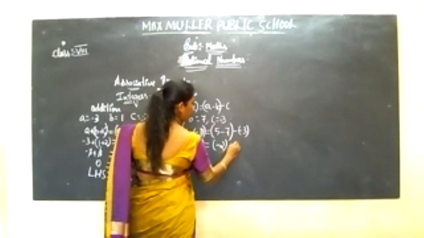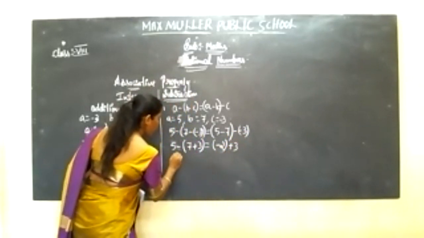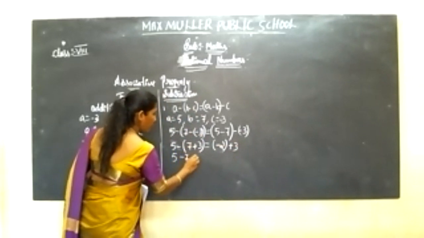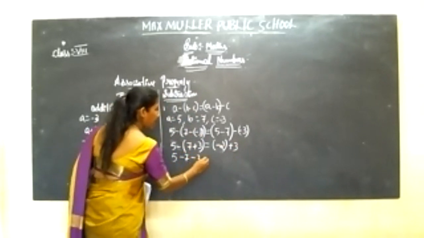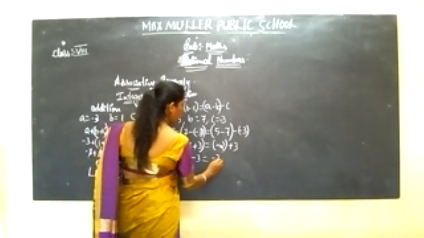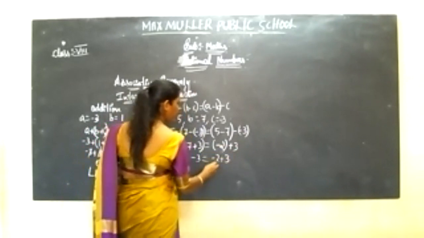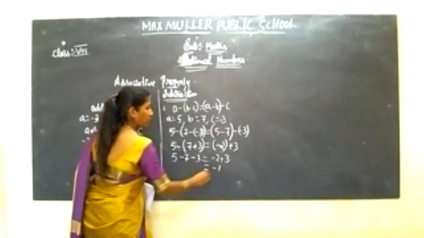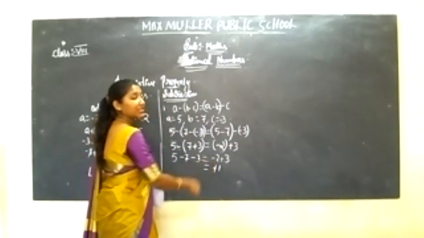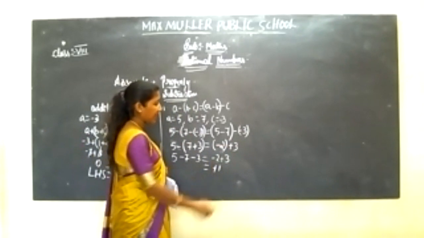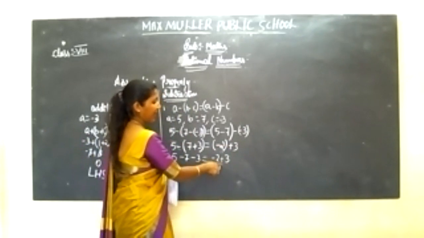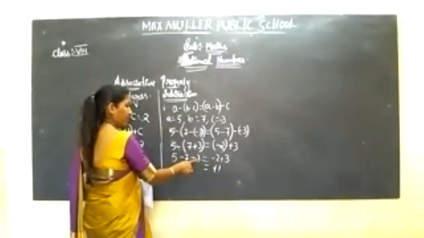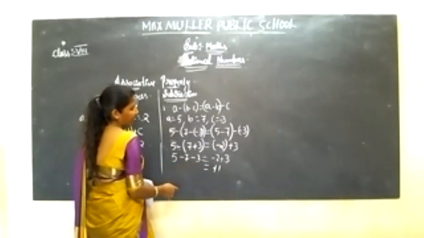Minus into minus is plus 3. So here minus 7, minus into plus is minus 3, equal to minus 2 plus 3. So here you will get minus 1, plus 1, because one is positive and one is negative. Here you have to subtract and put the greater number's sign.